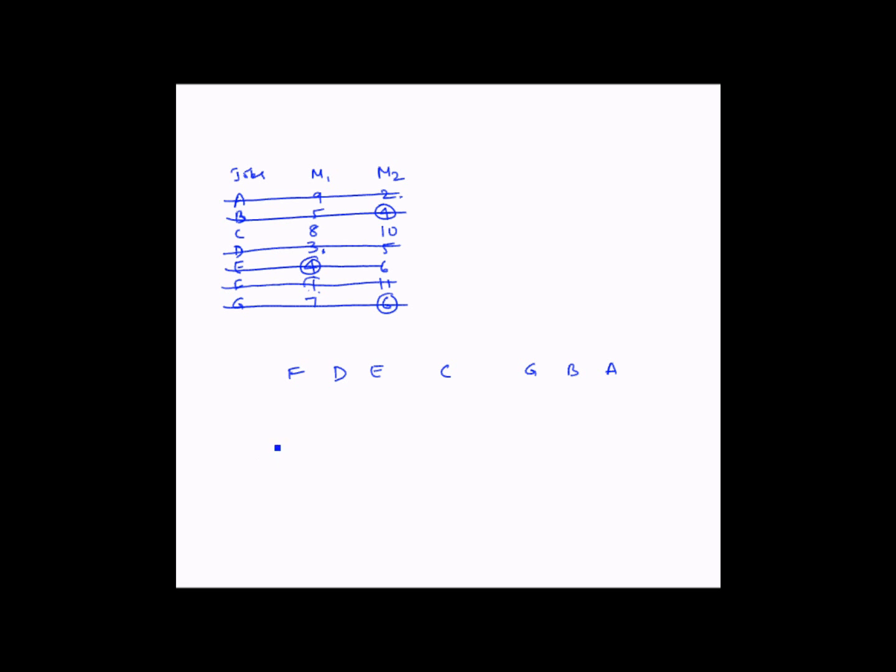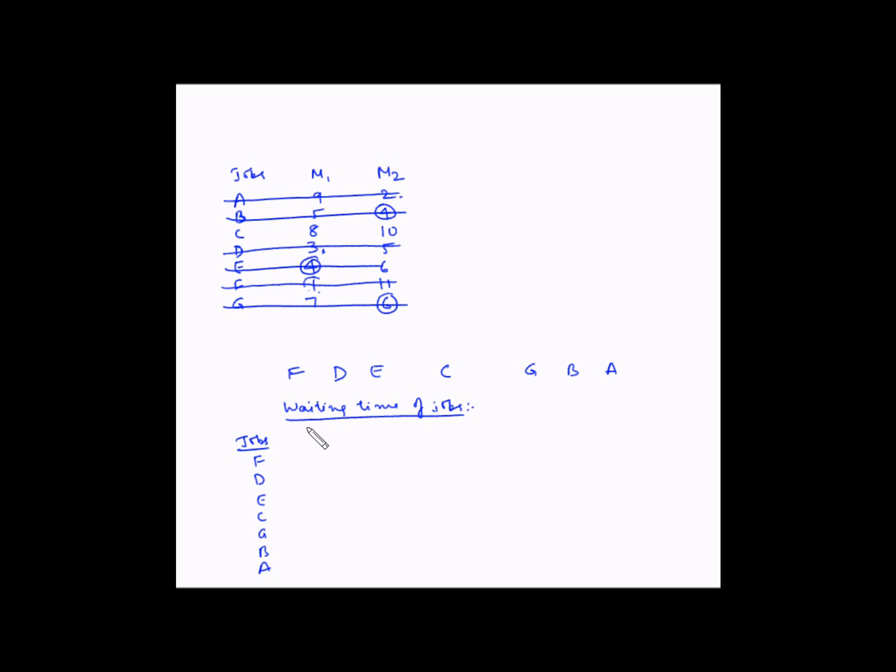Now let us calculate the waiting time of the jobs. So let me put all the jobs in the sequence in which we decided to process them: F, D, E, C, G, B, and A. These are the jobs.